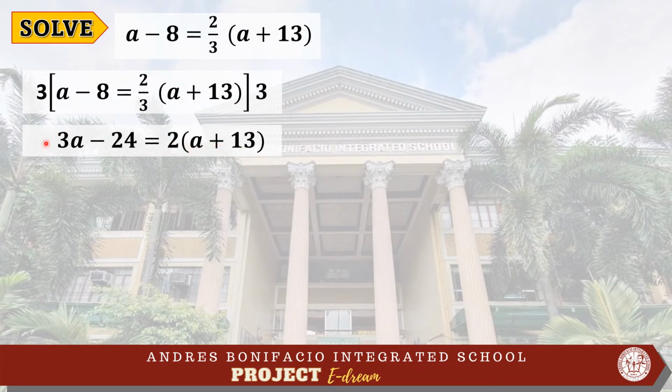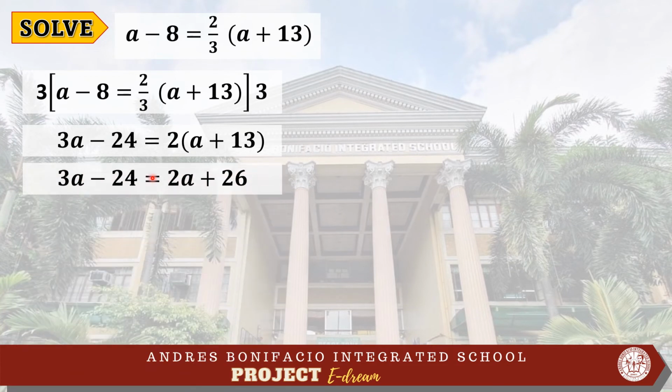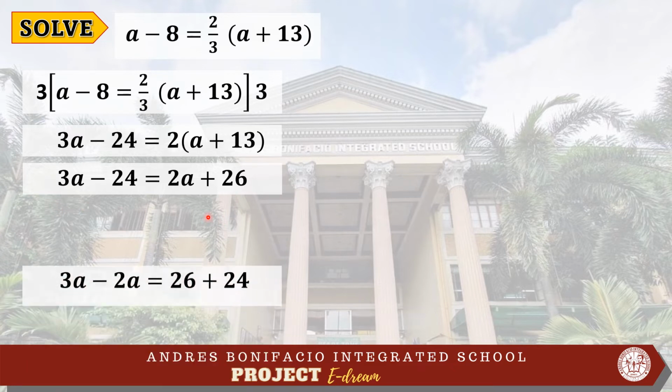As we can see in the new equation, we will use the distributive property again to simplify it. So it becomes 3A minus 24 is equal to 2 times A is 2A. 2 times 13 is 26. So we are looking for the value of A, so we will combine now the similar terms.